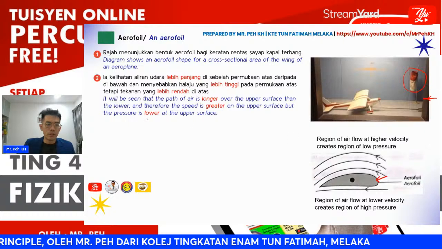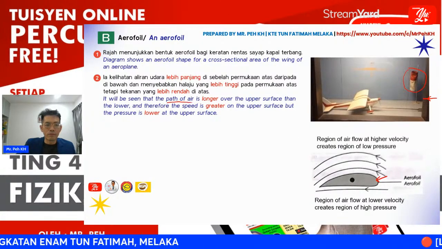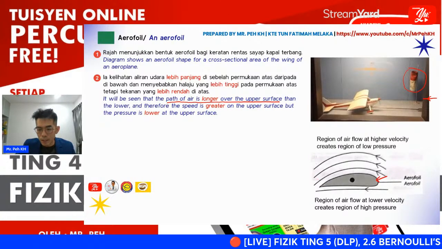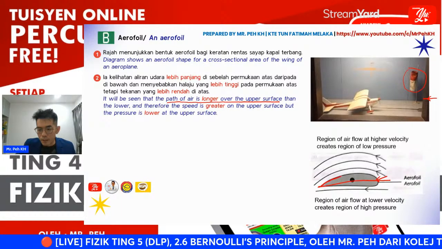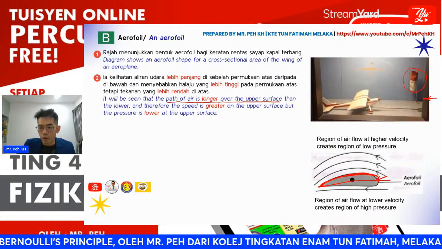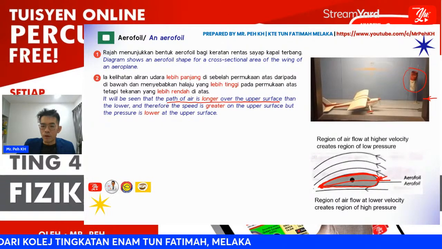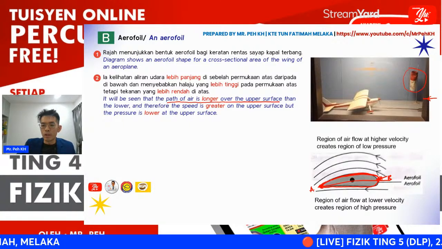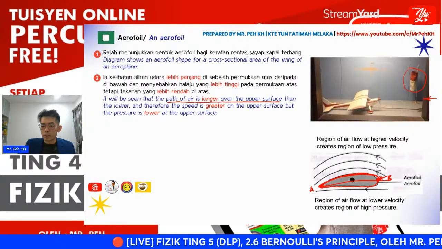Okay, so basically it will be like this shape now. At the aerofoil shape of the wing, you can see that the path of air is longer over the upper surface than the lower. If we divide it into two parts, this will be the upper part, and you can see the distance is longer compared to the bottom. Okay, so for the wind from point A to point B, they will reach at the same time. So for the longer path, the air must be moving faster compared to the shorter path.